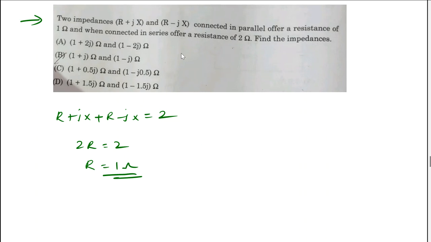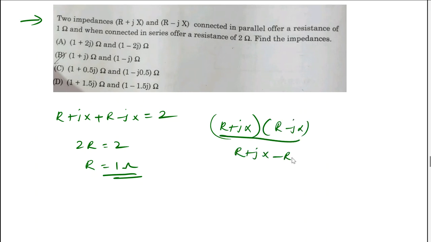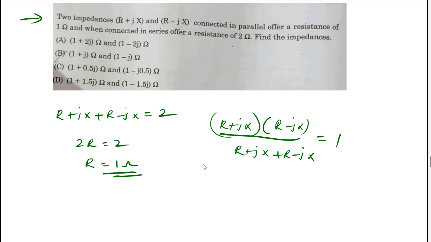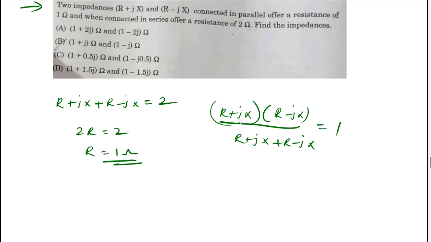So when these two are in parallel, what is the equivalent value? R plus jX into R minus jX divided by R plus jX plus R minus jX. This value is equal to 1. Now, that is R square plus X square divided by 2R, since the jX terms cancel, is equal to 1.